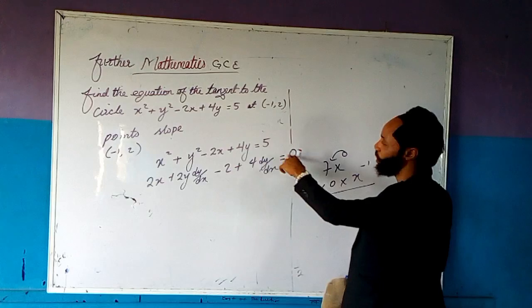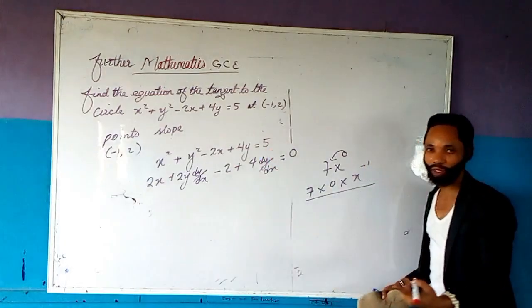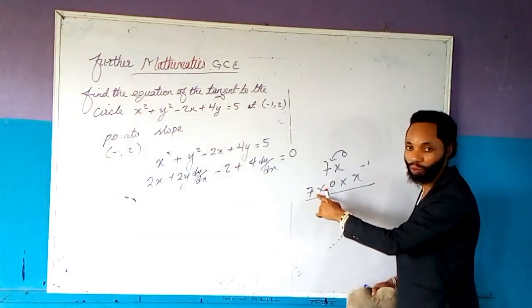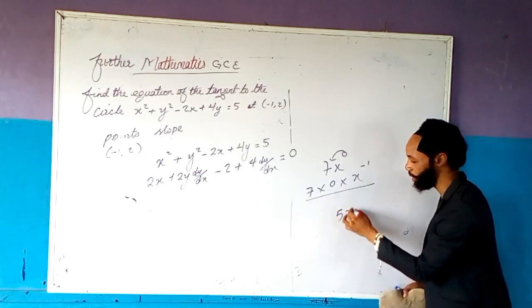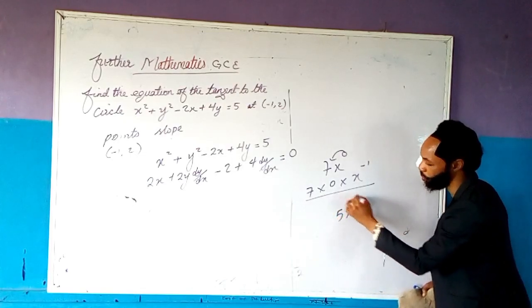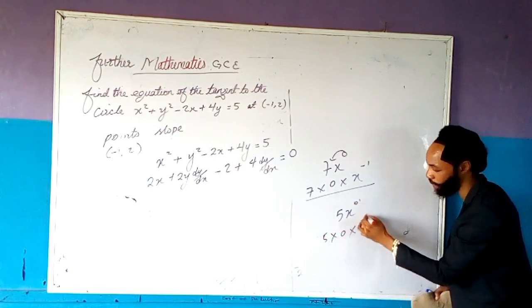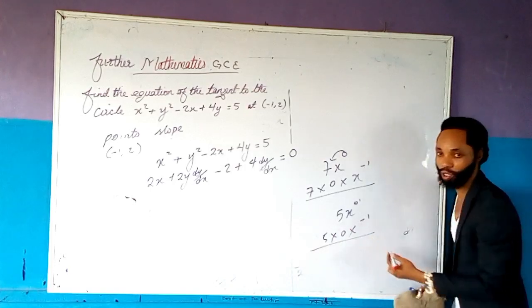So when you're differentiating a constant, you always end up getting 0. It doesn't matter what happens because we're multiplying everything by 0. That is 5x to the power 0. Bring this down: 5 times 0 times x to the power negative 1. You multiply this whole thing, you get what?